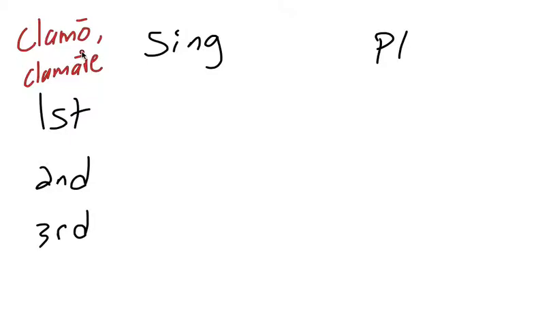Remember that clamo means to shout. So just like for the imperfect verb, we're going to take away the RE to get the stem. So clama will be my stem, and I will write clama throughout the chart.